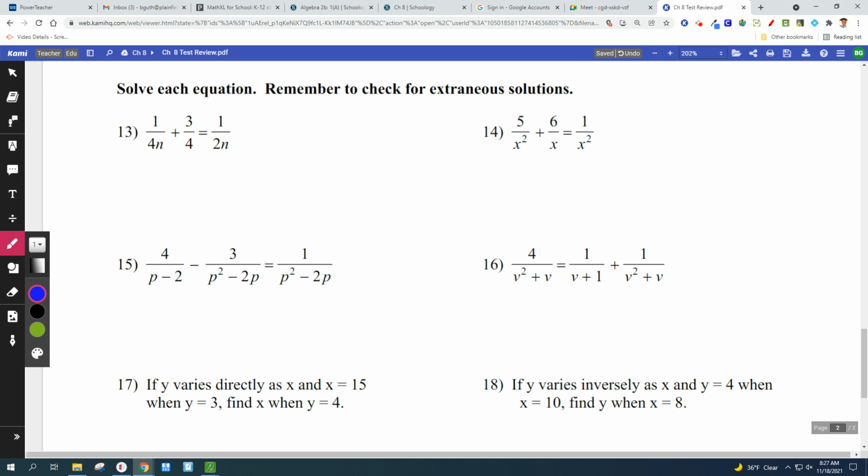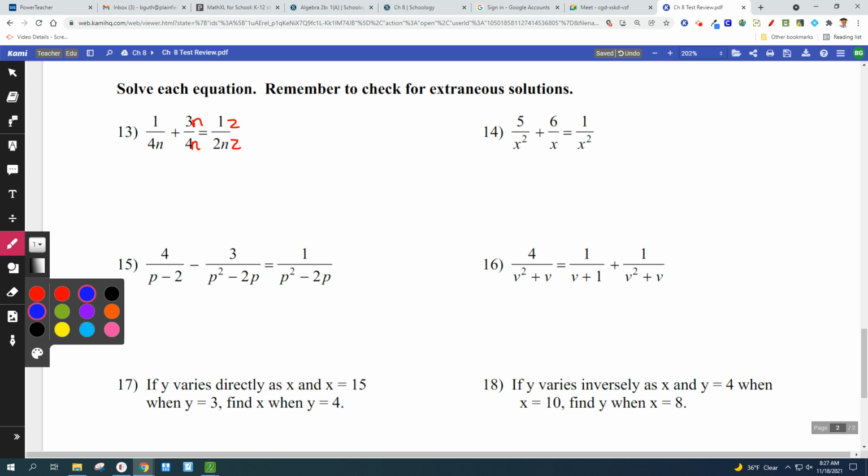Now, solving equations. We're adding fractions again. So adding fractions, we've got to have a common denominator. Anytime you add fractions, you need a common denominator. That's about making this thing fair. So in order to make this thing fair, the one in the middle wants an n, and the one on the right wants a 2. Now they all have 4n. Now it's fair.